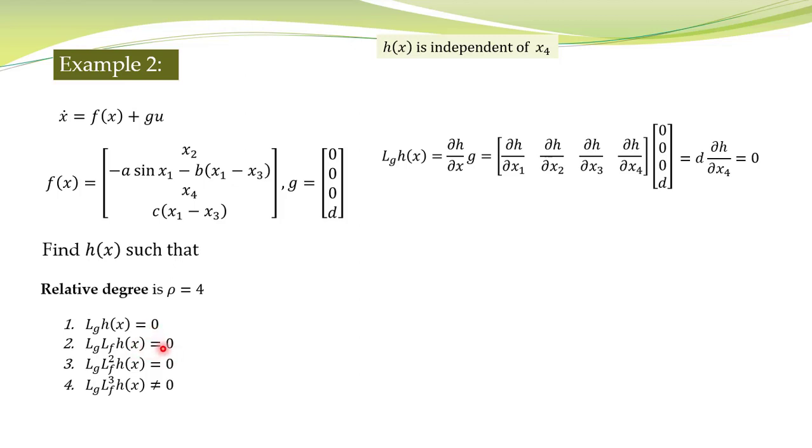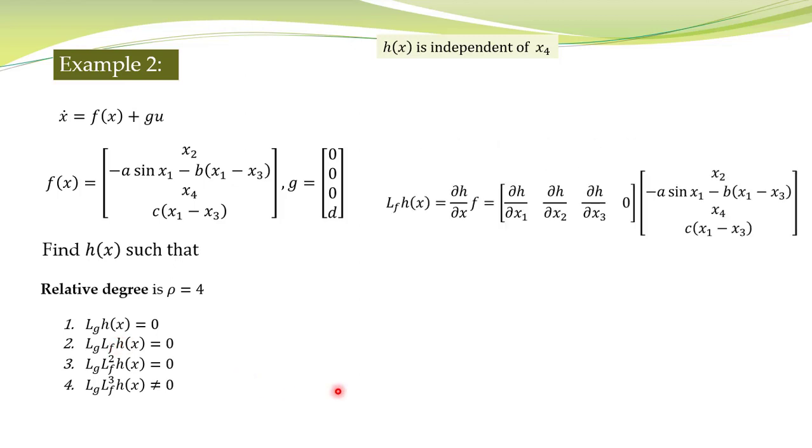Here is the second requirement, and to compute this, first we need to compute the Lie derivative of h along f of x. So LF h of x is given over here. It's the partial derivative of h with respect to x multiplied by f of x.